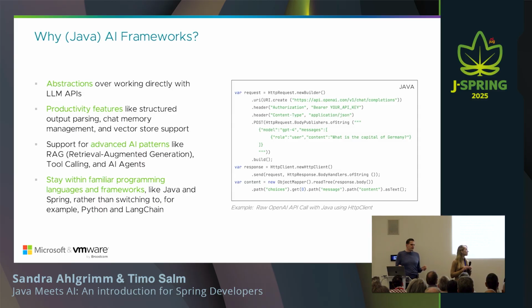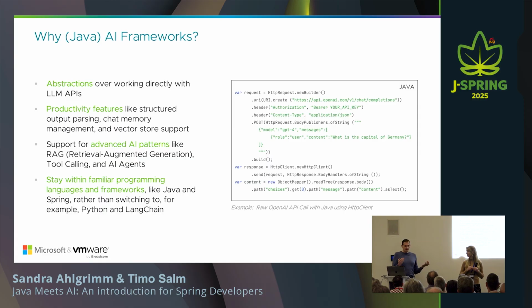That's possible for sure. The thing is that regarding those interactions and the context, so the prompt you actually send to the LLM, there's a lot more to do. And to simplify that, all those frameworks provide high abstractions, where you can really just focus on what your business problem is, the question you'd like to get answered, and have productivity features like, for example, structured output, so that you can directly convert the response into a business object.